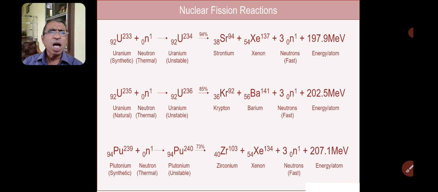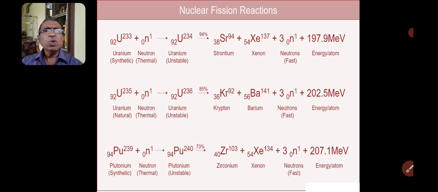These neutrons are fast neutrons. They have high energy. And during this process, 202.5 million electron volts per atom of uranium-235 is generated.